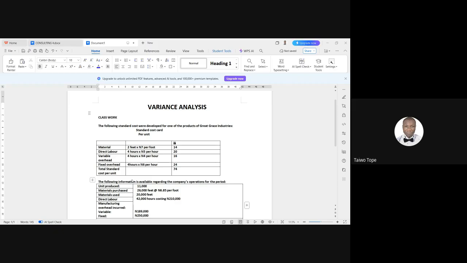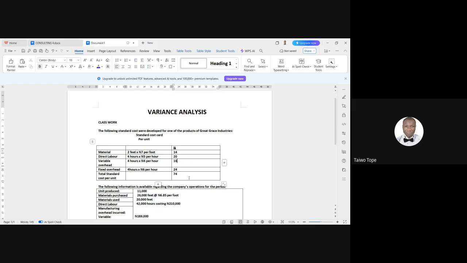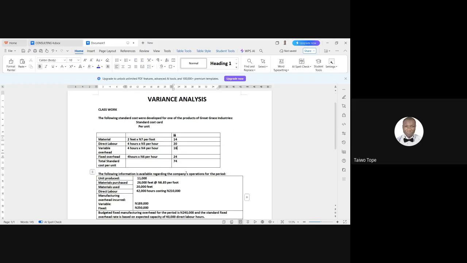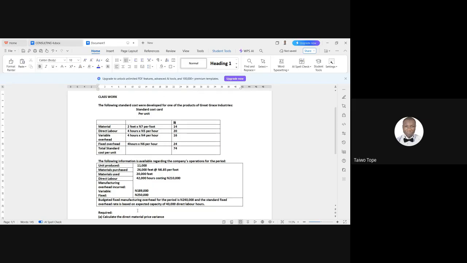So this is a question, though I'm still putting it up, but I will finish it now. There is no issue. This is a question for us to solve in this class. Can somebody read? As you are reading, I'm completing the question. Can we read, please? Anybody read?